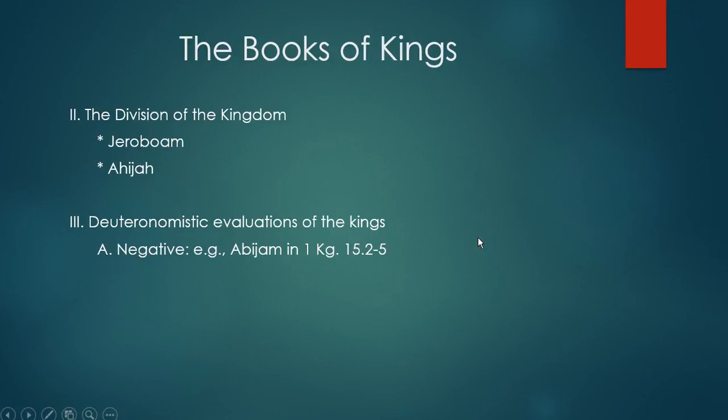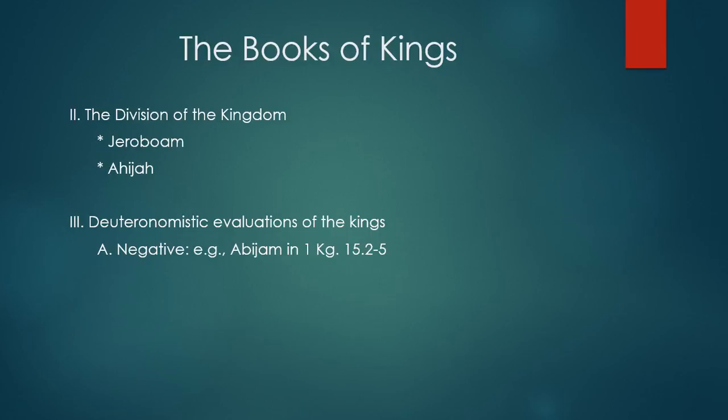Let's take a look at just a couple of examples of these formulae that the historian uses in evaluating the kings. In 1 Kings chapter 15, for instance, we're going to have Abijam. He's going to be reigning in the southern kingdom. And in verse 3 of chapter 15, after telling us when he reigned and how long he reigned and who his mama was, it will tell us he committed all the sins that his father did before him.